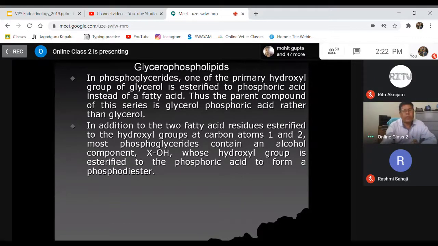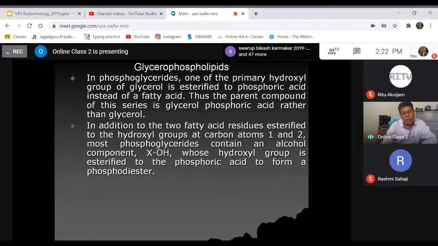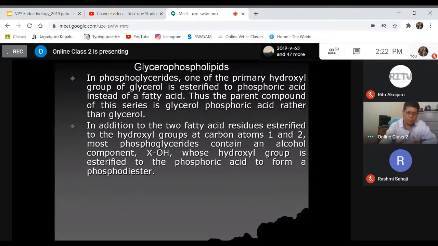So X will be the hydrocarbon chain, then you have the OH group. Because of the presence of this OH group, it is an alcohol, whose hydroxyl group is esterified to the phosphoric acid to form the phosphodiester. So that alcohol is going to link to the phosphoric acid, which is attached to the OH group of carbon number 3.